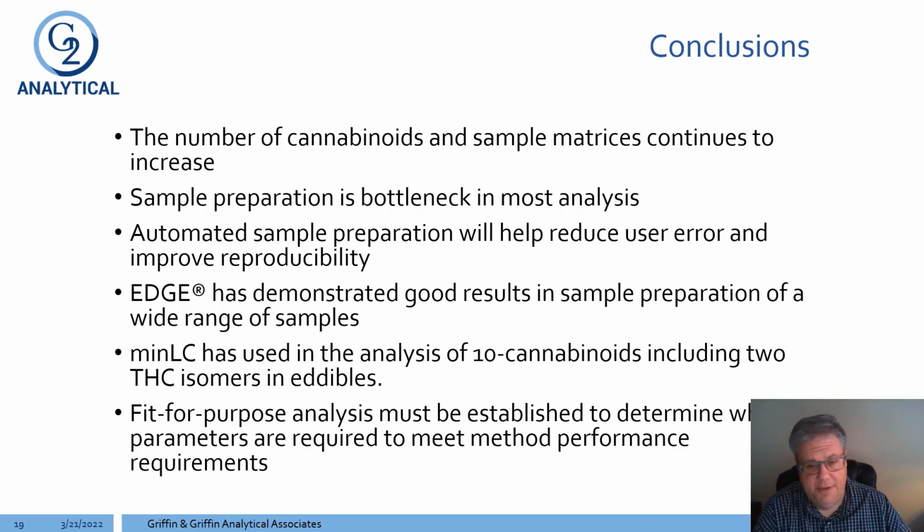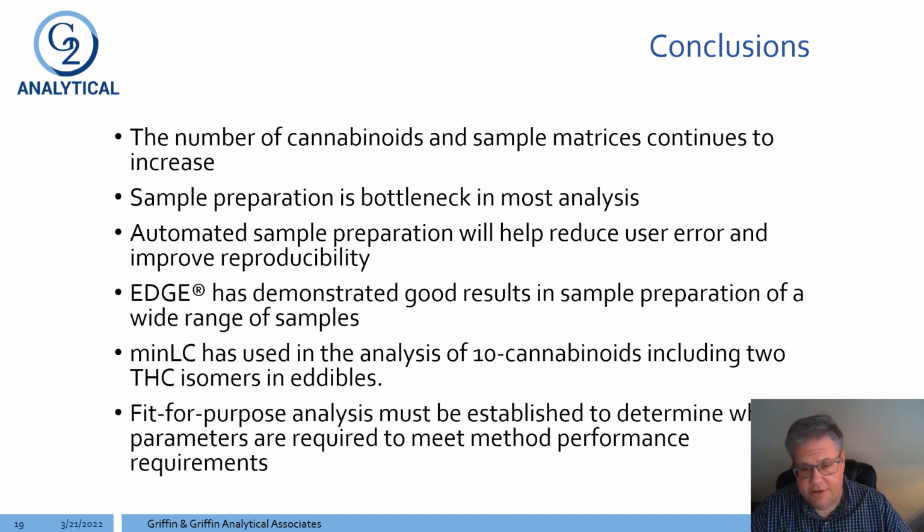Even if your method, as I demonstrated, clearly passes all of the checks for resolution, some of the samples, when we run them, show a detrimental effect in our ability to detect delta 9 accurately. So we've had to make adjustments to the method to continue getting the results that we need.